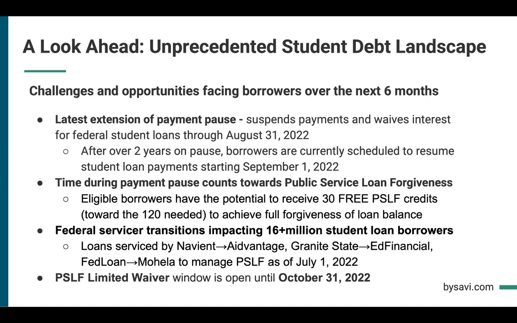Basically, what that limited waiver entails is an expansion of the eligibility requirements for a one-year period of time, from last October to this coming October 31st, 2022, during which borrowers are able to take advantage of this expanded eligibility, in order to maximize their forgiveness eligibility. So this deadline is October 31st of this year. And don't worry, I'm going to talk in more detail on exactly what you need to do to take advantage of this, but I just wanted to headline that here.